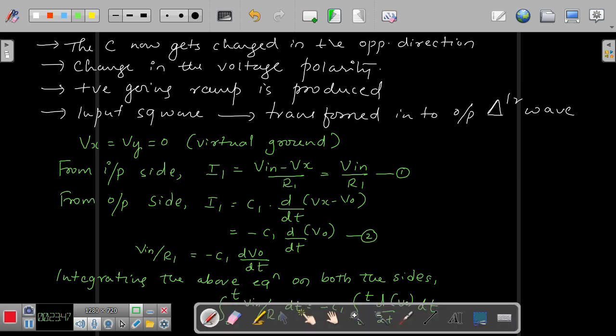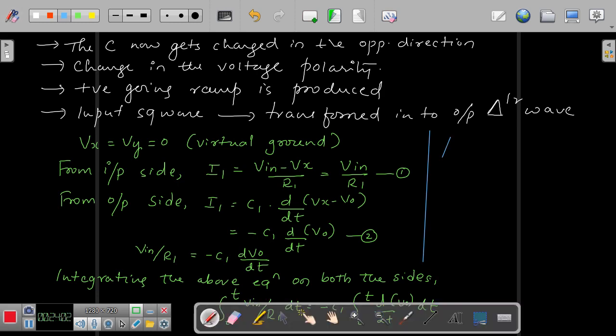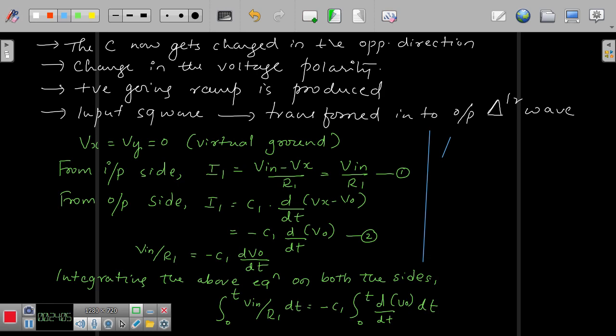So on the other side I am going to get minus C1 into V naught, because I am integrating the differential here, we are going to get V naught.